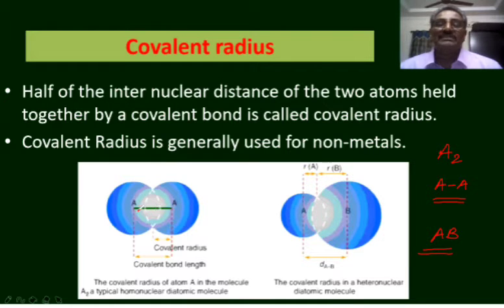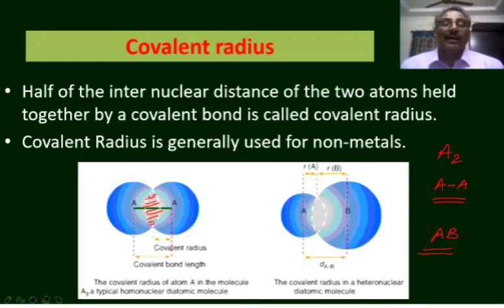In this homonuclear diatomic molecule, in the formation of a covalent bond, some part of atom are overlapped with each other. This part is common to both the elements. That means this part is overlapped between two atoms.